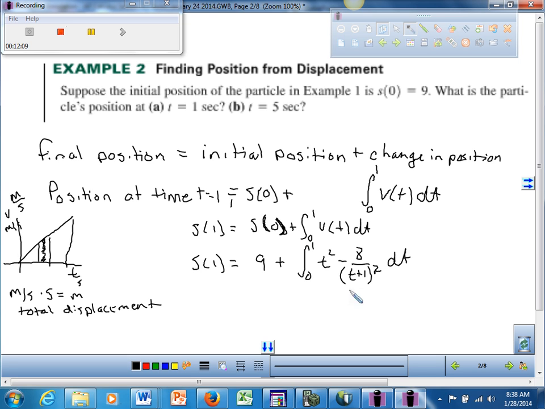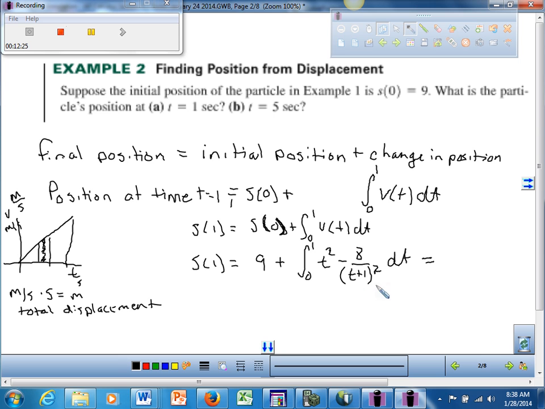And you don't have to do this. This is one that we could do by hand, but let's just do it on the calculator with fnInt. Tell me what we get for our S of 1. I should hear buttons pressing all over the room. Remember to add our 9.